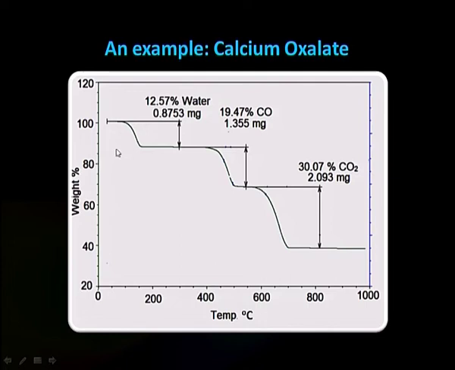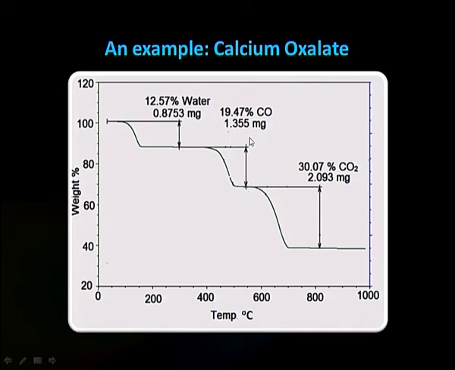Now you can see that initially the weight was 100% and in the first step it decreases and then remains constant up to about 400 degrees, and in this step there is a weight loss of about 0.8753 milligrams, that is, the weight now becomes 87%, and it shows the loss of water, which is 12.57%.